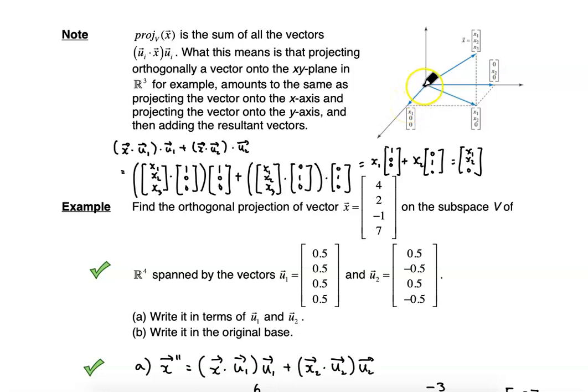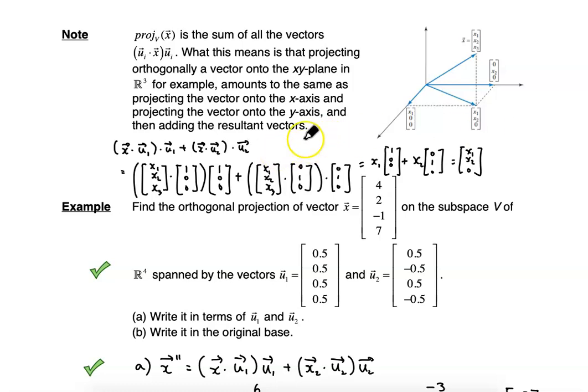If I say that my first vector in the subspace is vector i, so it spans the x-axis, then if I project vector x onto the second vector in my subspace, so on vector j, it'll project down here, and then I can add these two vectors and I will get a projection onto the entire subspace.